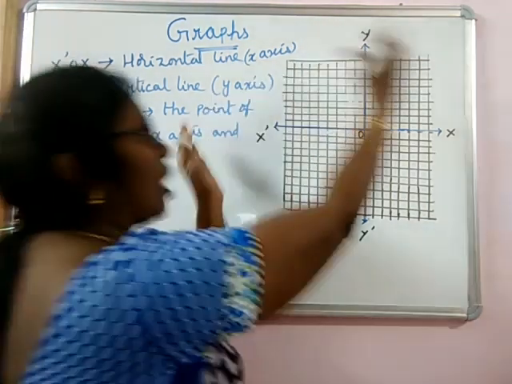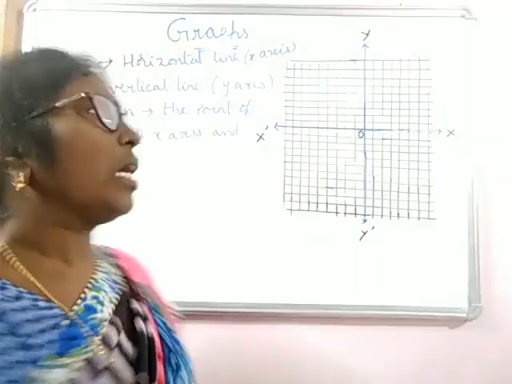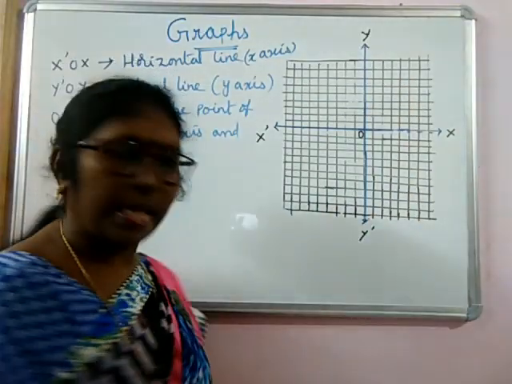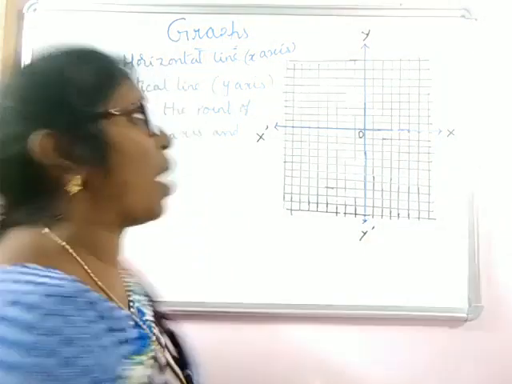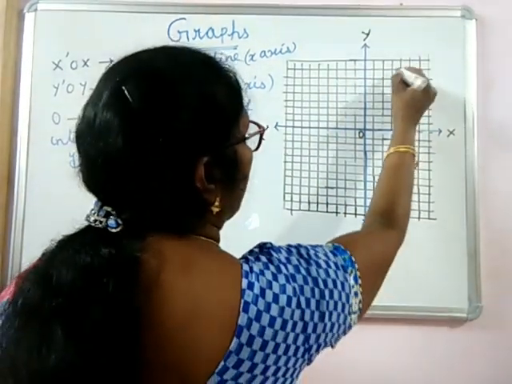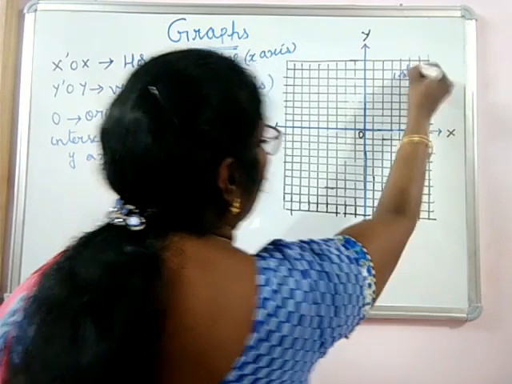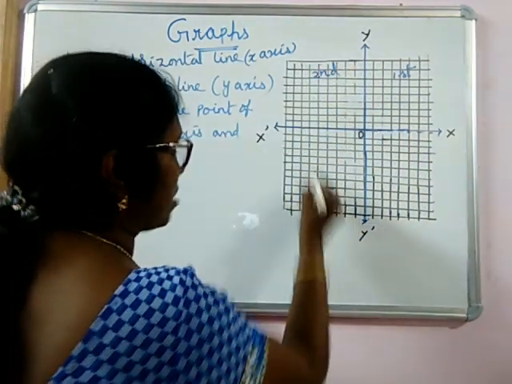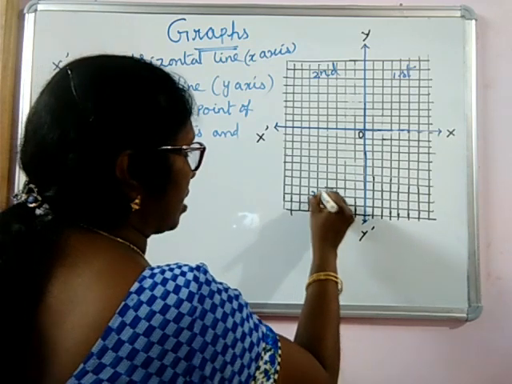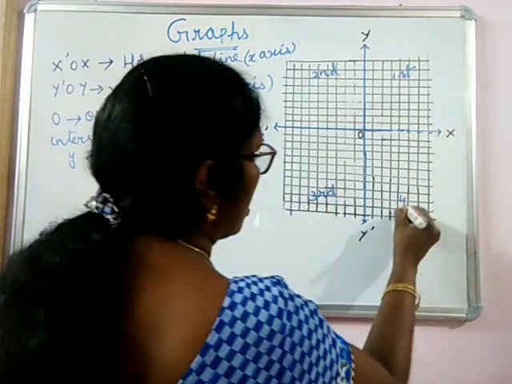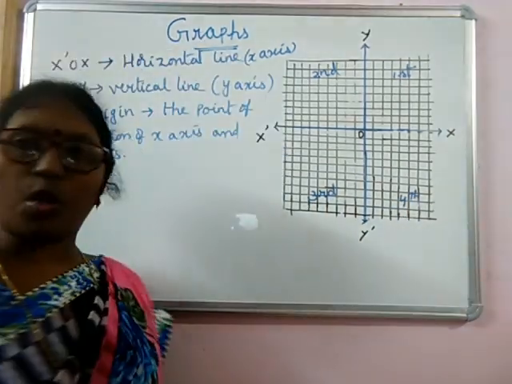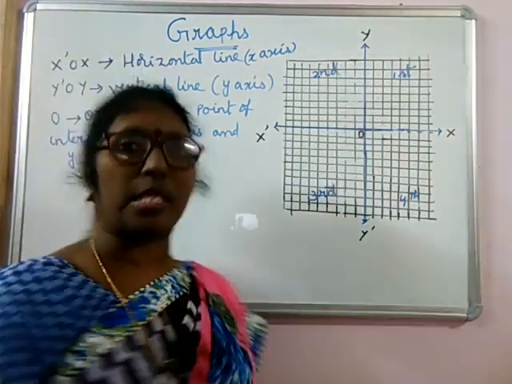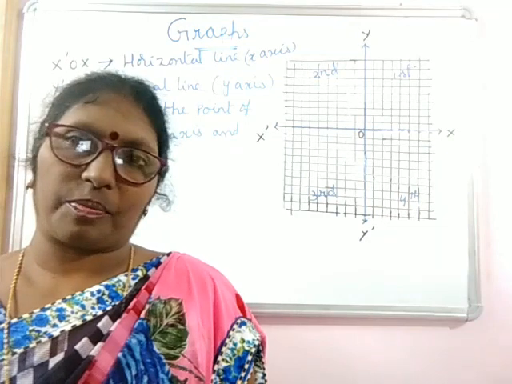The whole Cartesian plane is divided by x-axis and y-axis into 4 quadrants. This is first quadrant, this is second quadrant, this is third quadrant, and this one is fourth quadrant. And the point of intersection of both the axes is known as origin.